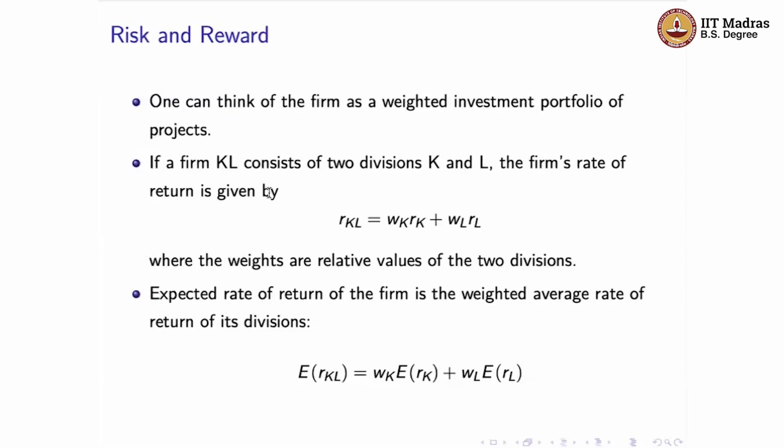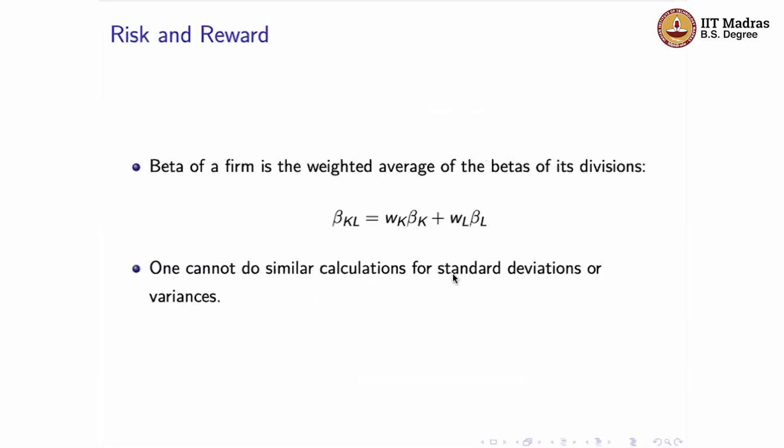The expected rate of return from here would be the weighted average of the expected returns of the divisions. So the expected rate of return of the whole firm is the weighted average of the expected rate of return of the individual divisions, where again the weights are the relative values of the two divisions. One can also show that the beta of a firm would be basically the weighted average of the betas of these two divisions, right?